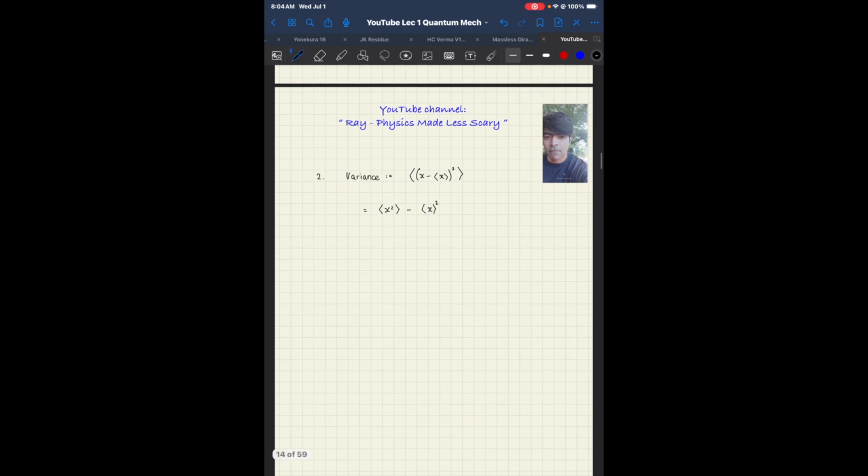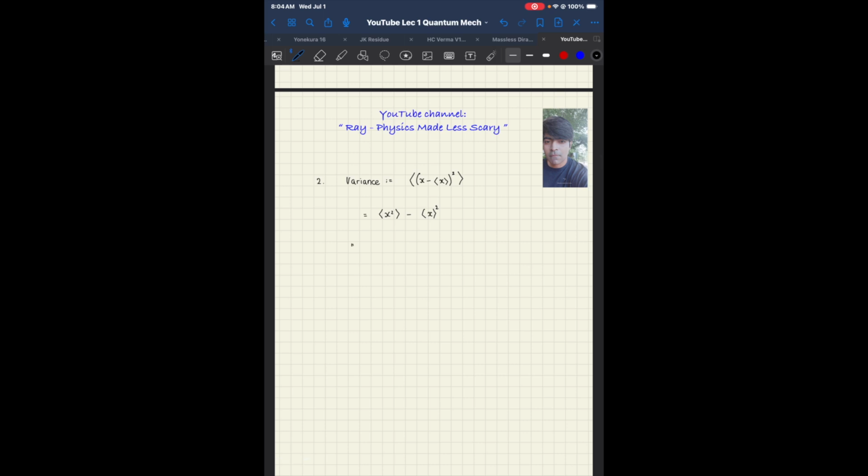This is also called the mean of the square minus the square of the mean. Wait, let me finish this. This is the mean of the square, right? And this is the square of the mean, right?